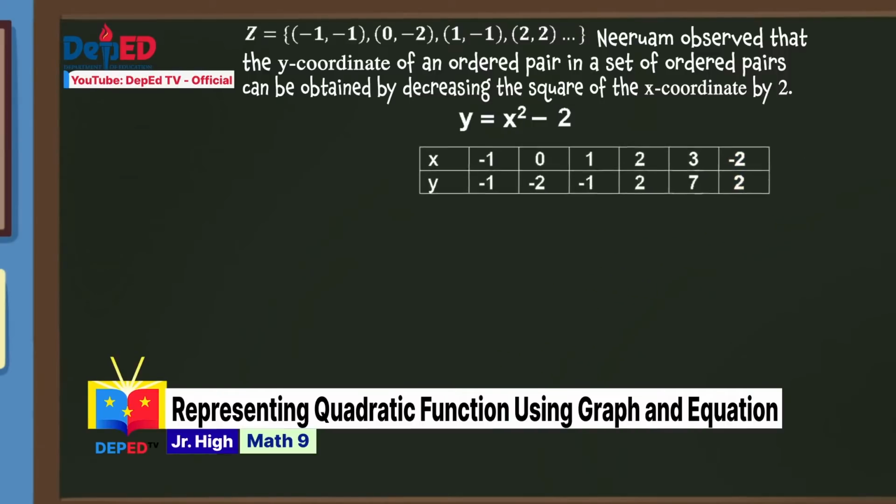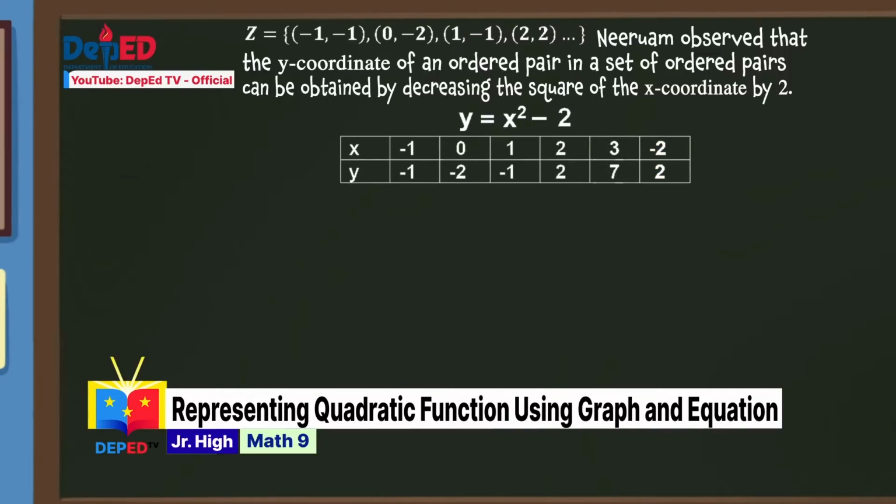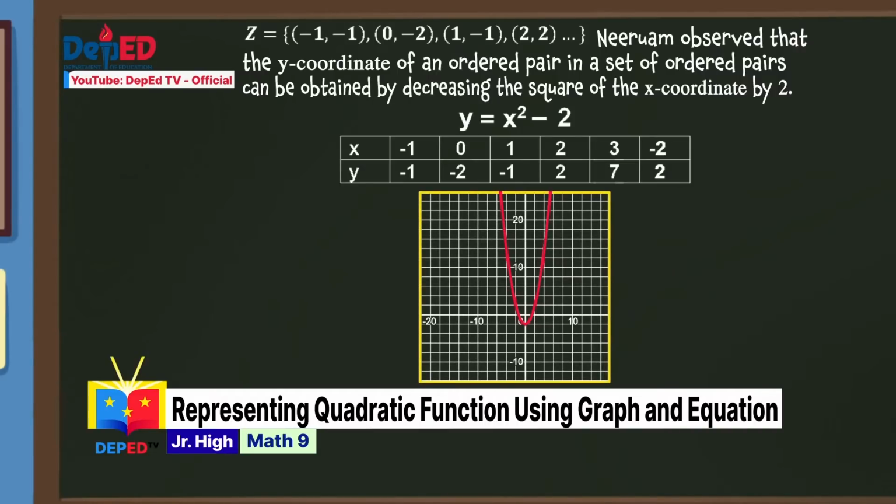We can also represent a function through its graph. When we plot each ordered pair indicated in the table of values on the Cartesian plane and then connect the points to form a smooth curve, the graph of the function y is equal to x squared minus 2 should look like this.